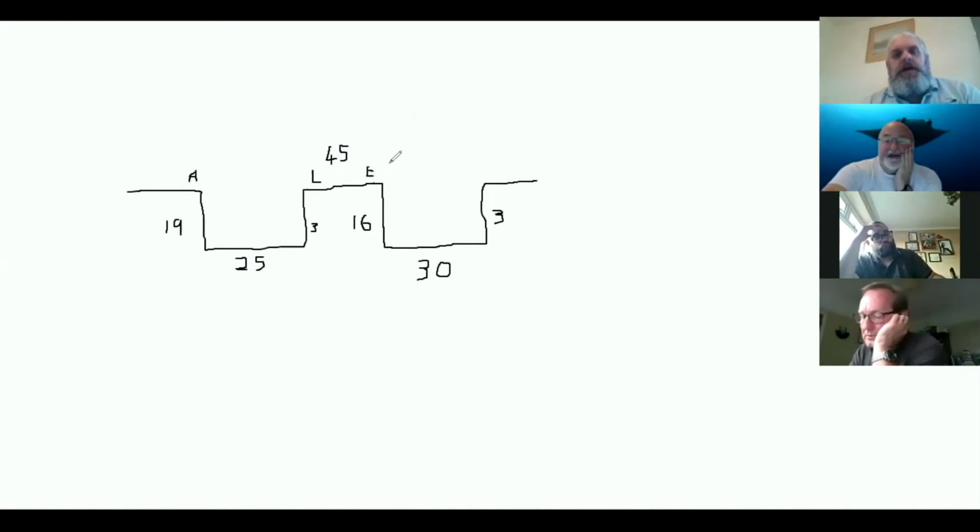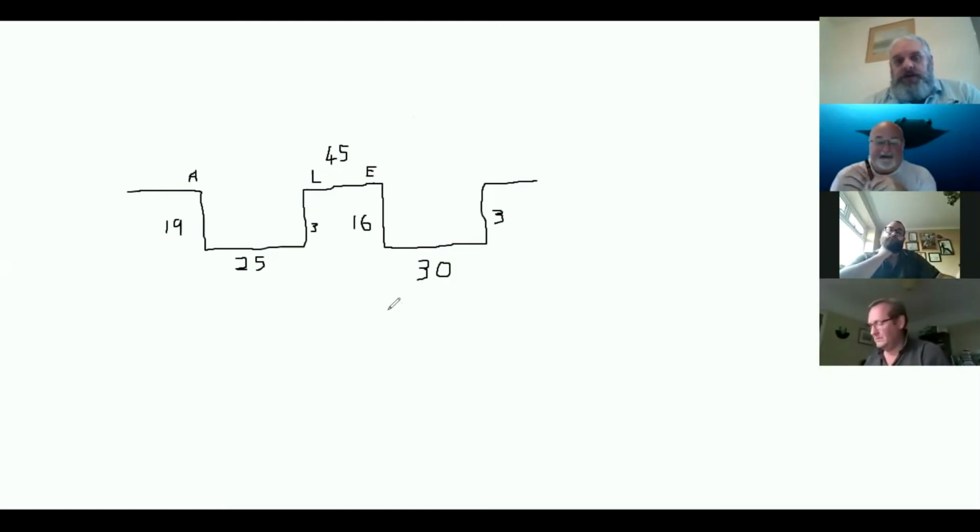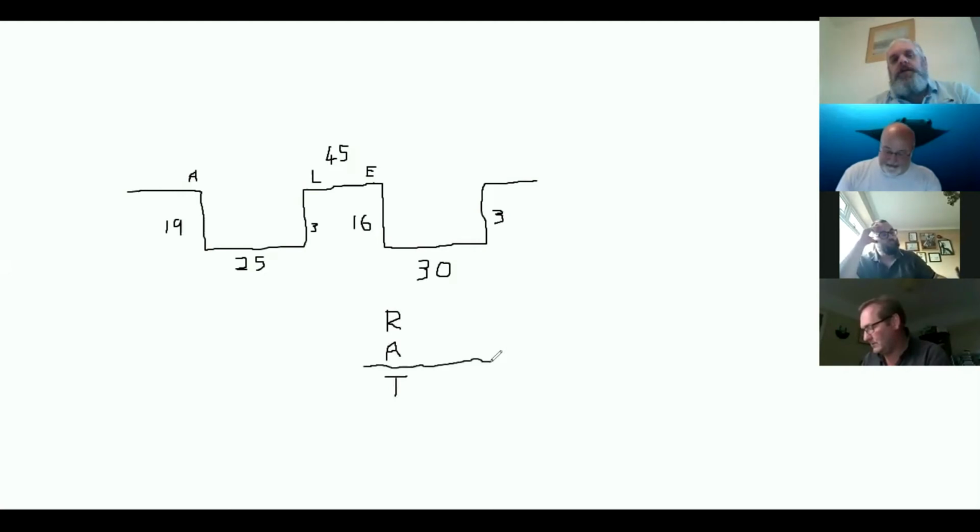Okay. Now what we need to do is work out our residual nitrogen. So what I want you to do is, down here, just write RAT, like this. R, A, T. And just put a line across here, like so.